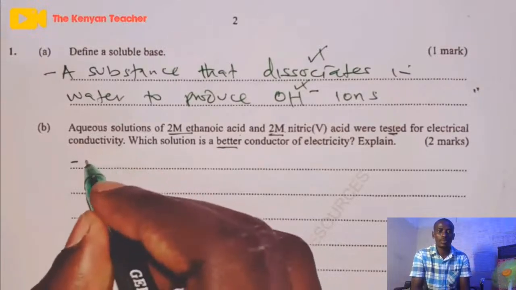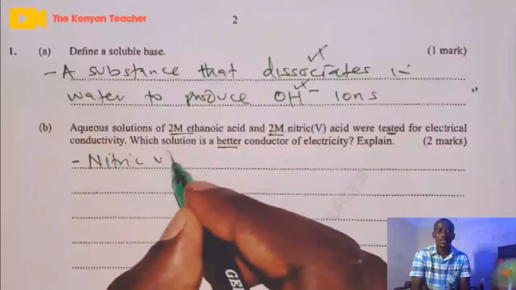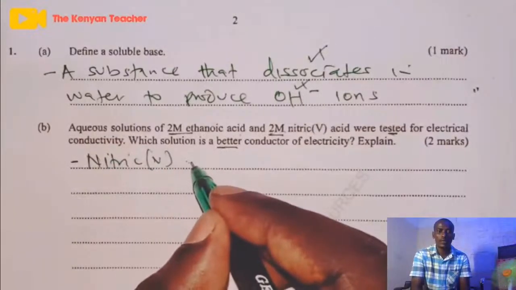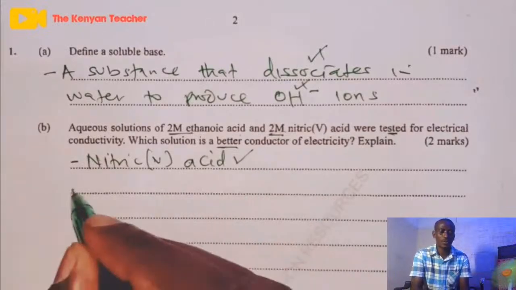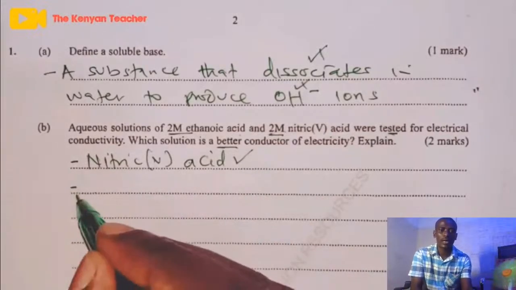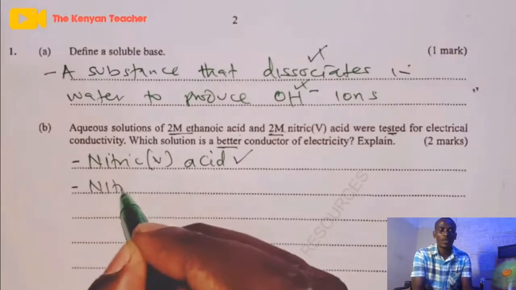Which solution is the better conductor of electricity? Ethanoic acid can't conduct well, but the 2 molar nitric acid conducts electricity. So if you write nitric acid, you'll get a mark.